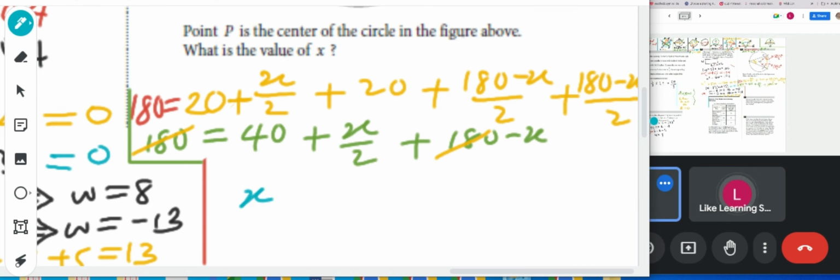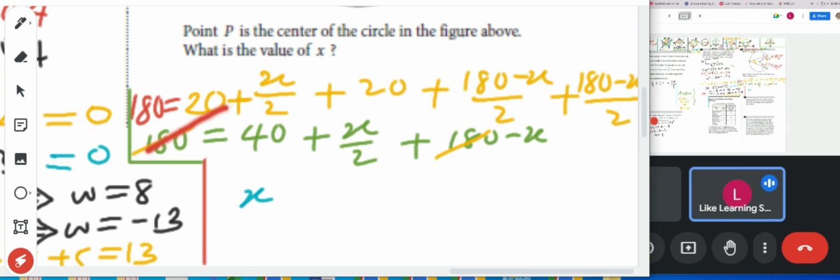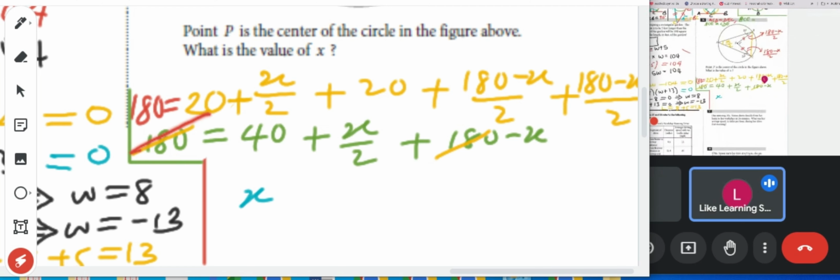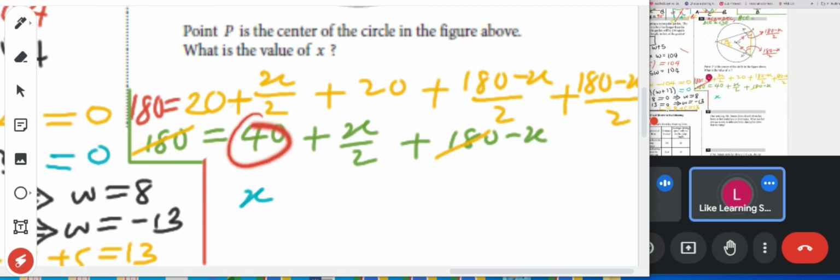Am I overestimating your ability? I know you can solve this equation, can't you? You should. If you have 180 here, 180 here, and 180 here, just cross it out, because we can't waste time on that. Just cross that out. What we have left is 40, then x over 2, and then minus x.